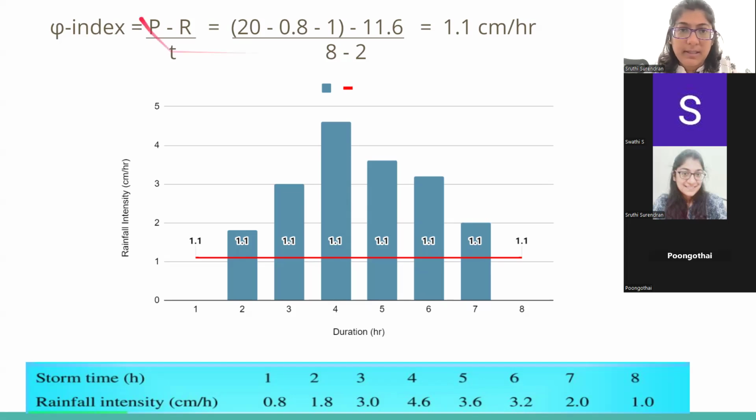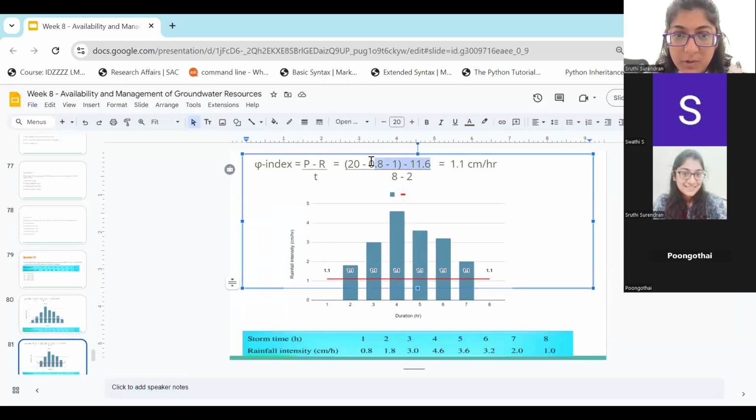Okay, this is not the calculation. Let me help you with the calculation here itself. So first we did 20 minus 11.6. Here what we'll do is 20 minus 11.6 minus 0.8 minus 1.